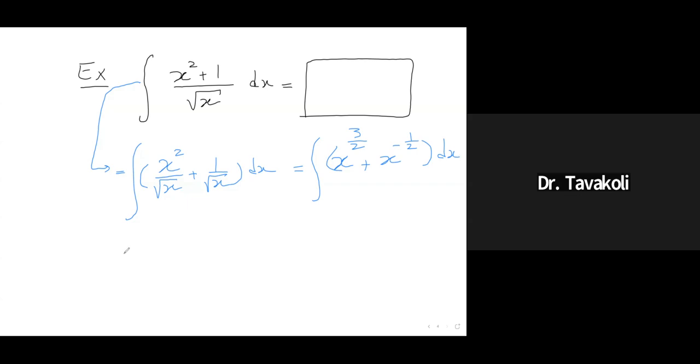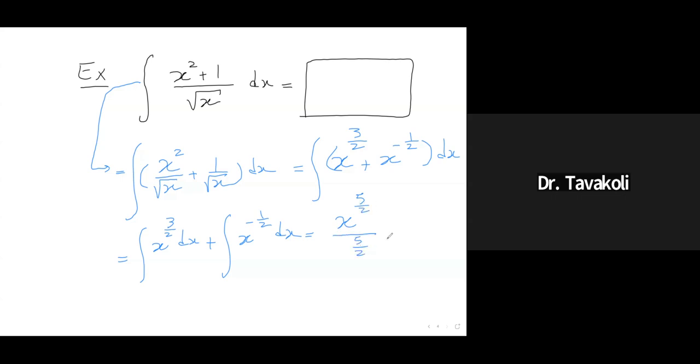Okay, now I can integrate each of these two functions, one of them x to the power of 3/2, and the other one x to the power of minus 1/2. Integral of x to the power of 3/2 using the power rule is x to the power of 5/2 divided by 5/2.